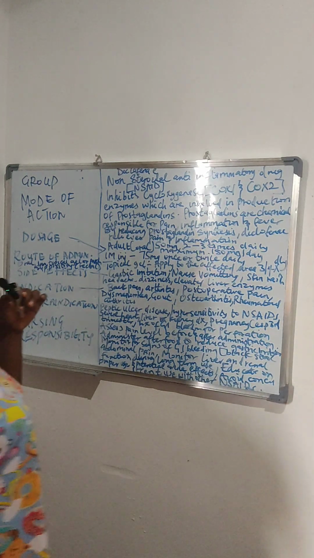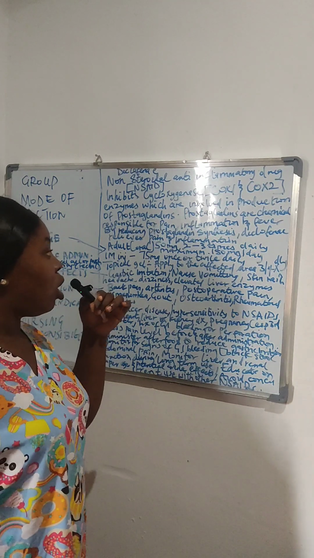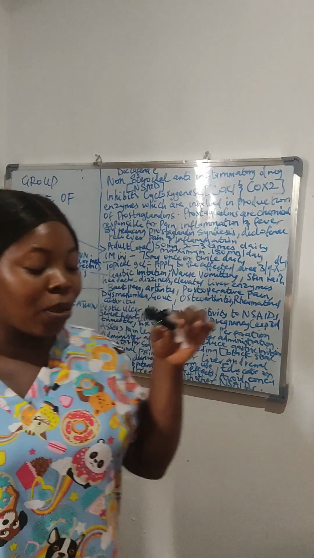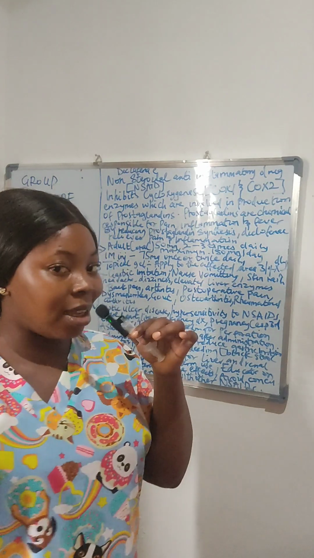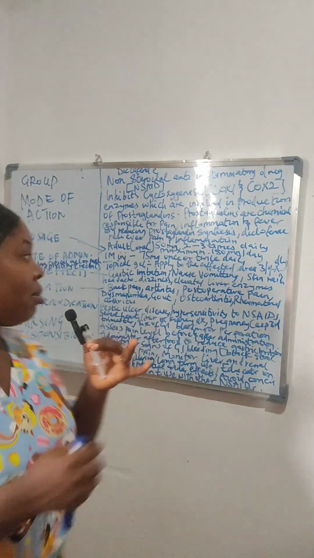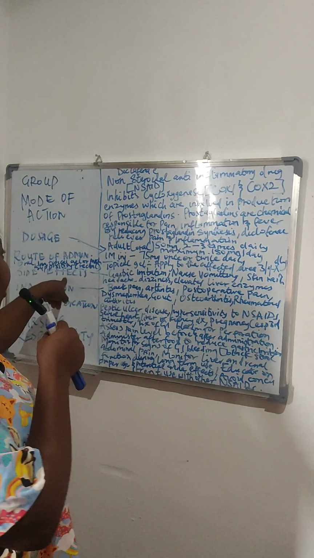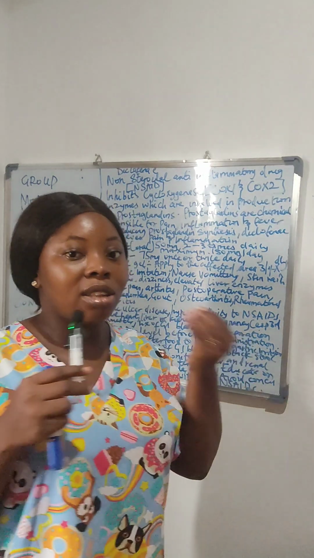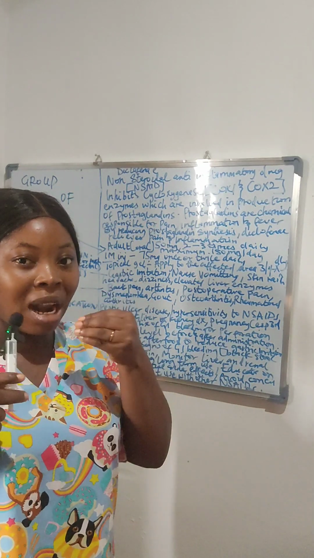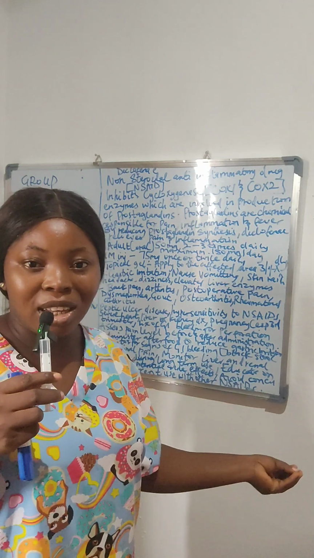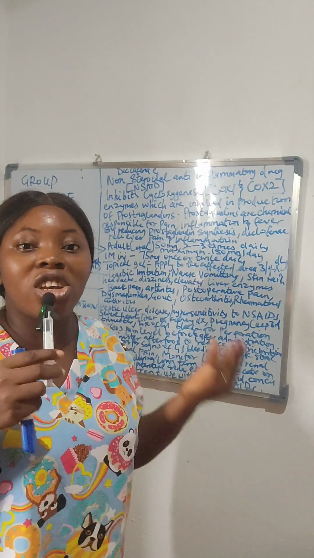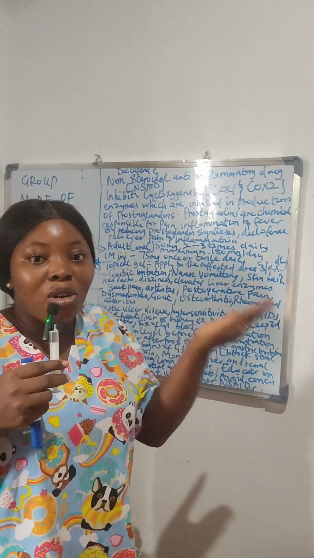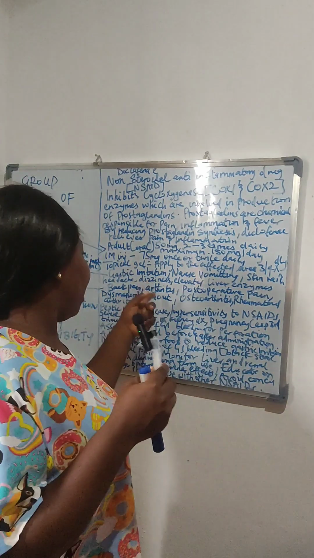So the side effects now, we have gastric irritation, nausea, vomiting. Let me tell you how you are going to form these side effects during exam. You can get these side effects from the route of administration. Since diclofenac can be taken orally, and you know that it's bitter, it will initiate nausea, and from nausea, it can lead to vomiting.